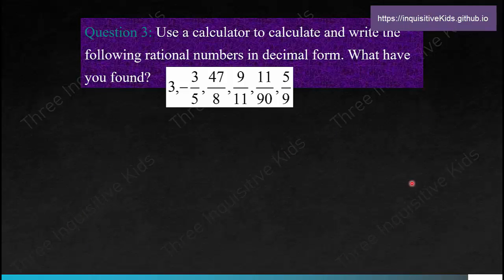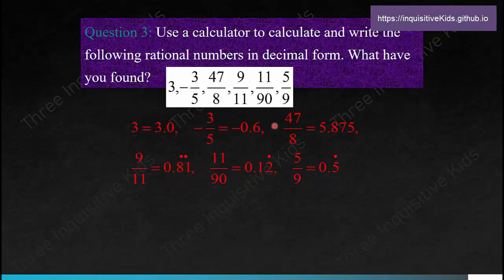Question 3. Use a calculator to calculate and write the following rational numbers in decimal form. What have you found? All you have to do is divide these, and then we'll see your result. So 3 equals 3.0, negative 3/5 equals negative 0.6, 47 over 8 equals 5.875, and so on.